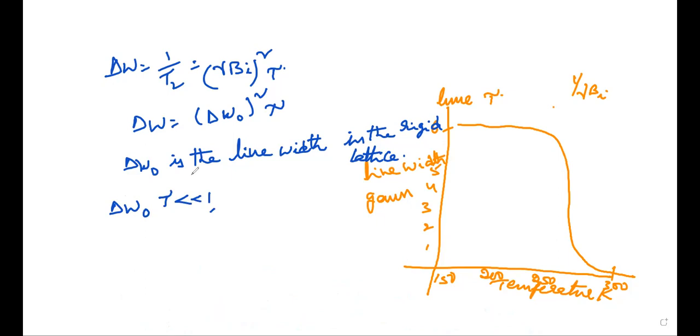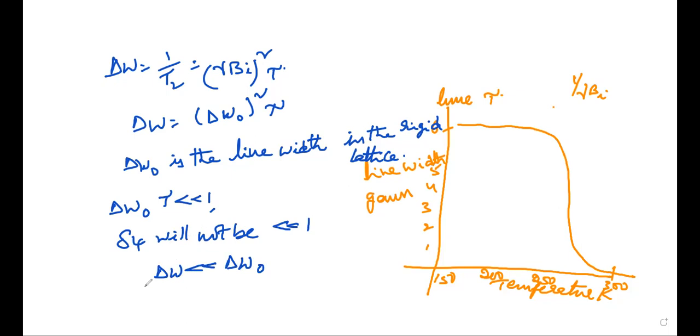Otherwise delta psi will not be much less than 1. Thus delta W is much less than delta W naught.